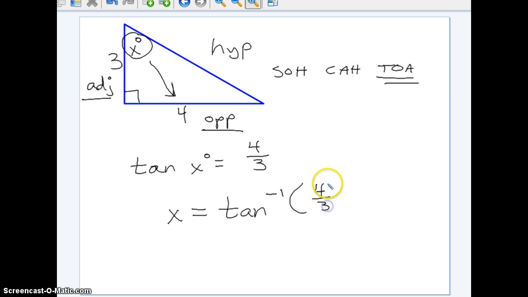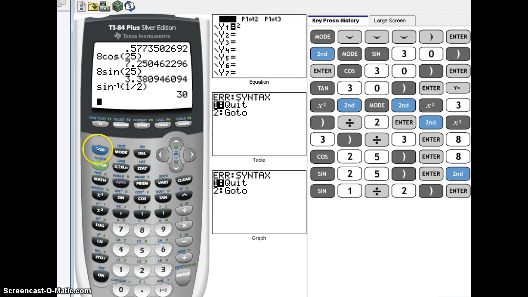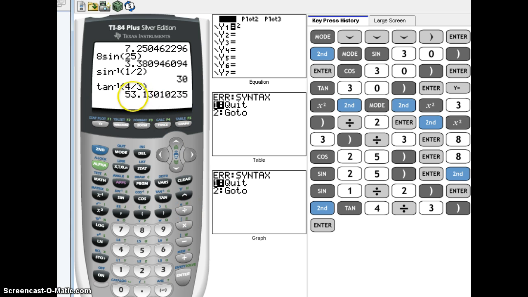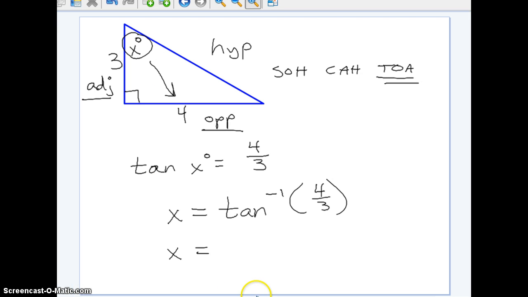Because remember, the way you read this equation is x is equal to the angle whose tangent is 4/3. So we type that in our calculator. Inverse tangent of 4/3 is second tangent, 4 divided by 3. And you get your angle to be approximately 53.13 degrees.